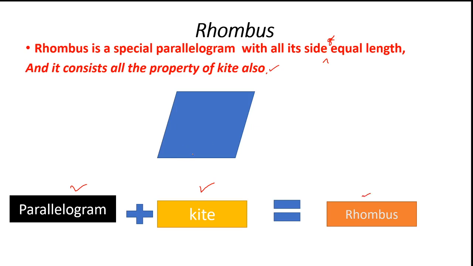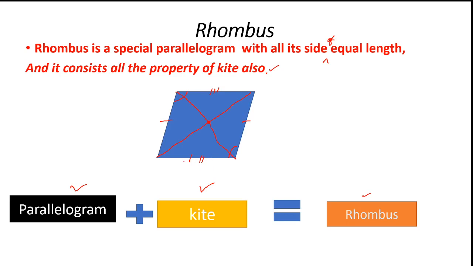What are the properties of a rhombus? All its sides are of equal length, and this is a parallelogram, so the opposite angles are equal, opposite sides are equal, opposite sides are parallel, and the diagonals bisect each other. So these are all the properties of a parallelogram.